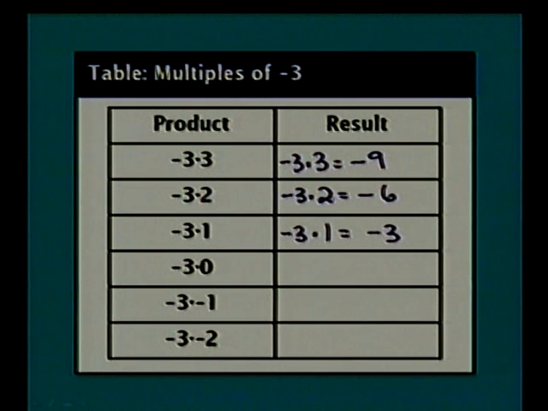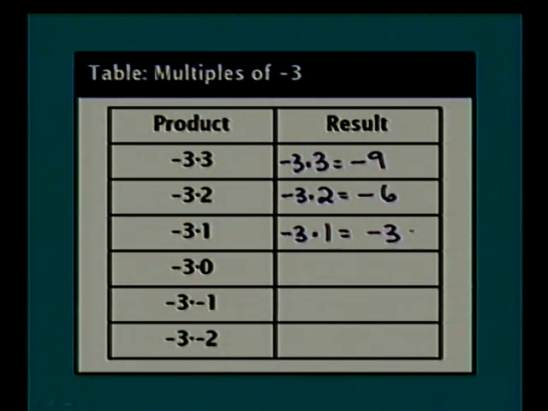The second factors in the products are decreasing by 1. We're going from 3 to 1, we'll go to 0, -1, and -2. Look what is happening to the result. -9, -6, -3. Our results are increasing by 3.